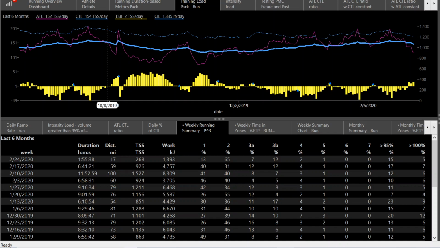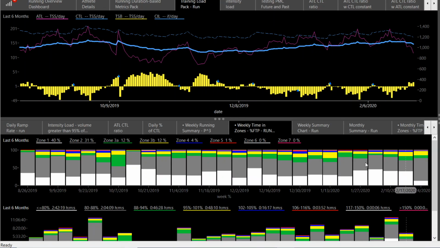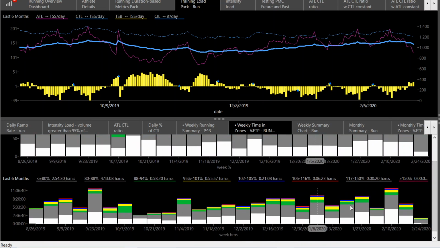We can look at that, or we can look at it in graphical form, like we see here, where, for example, on this particular week, the person had 8% in zone 3B, 3% in zone 4, 1% in zone 5. And we could also look at it in time, if we want to see how much time is spent in each zone.